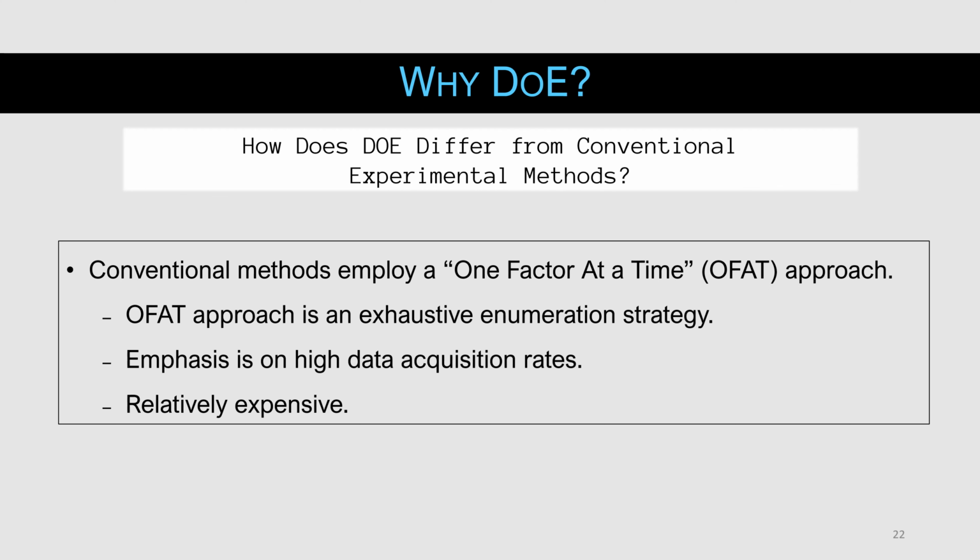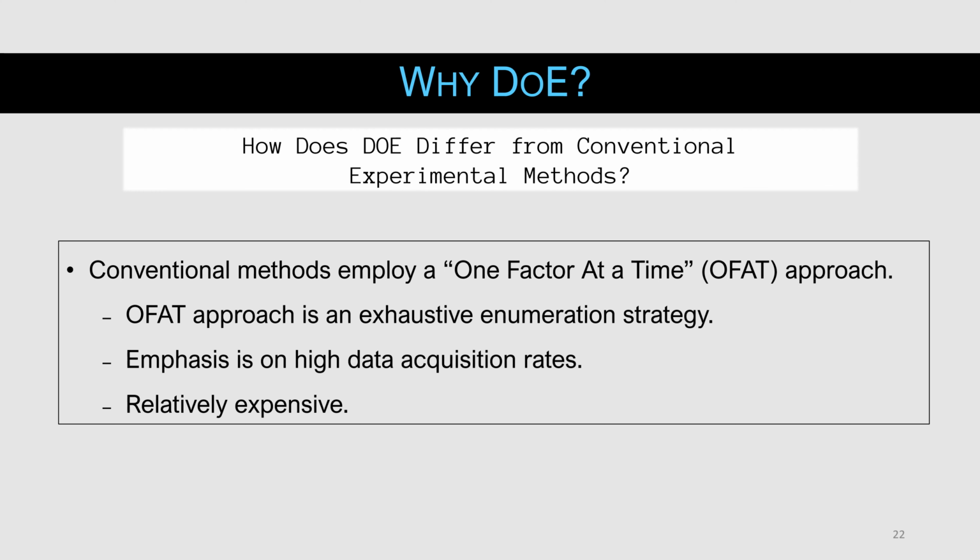The emphasis is on high data acquisition rates to cover the large data volume needed to physically set every independent variable combination of interest. It's relatively expensive because more data are required than is usually needed.